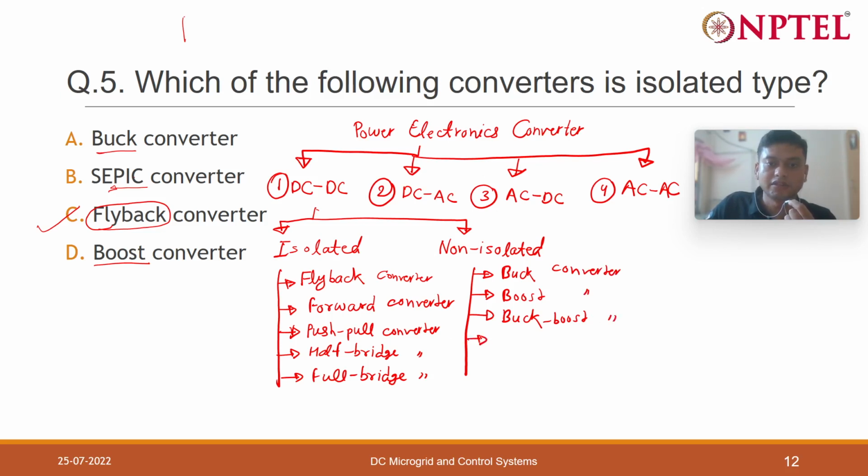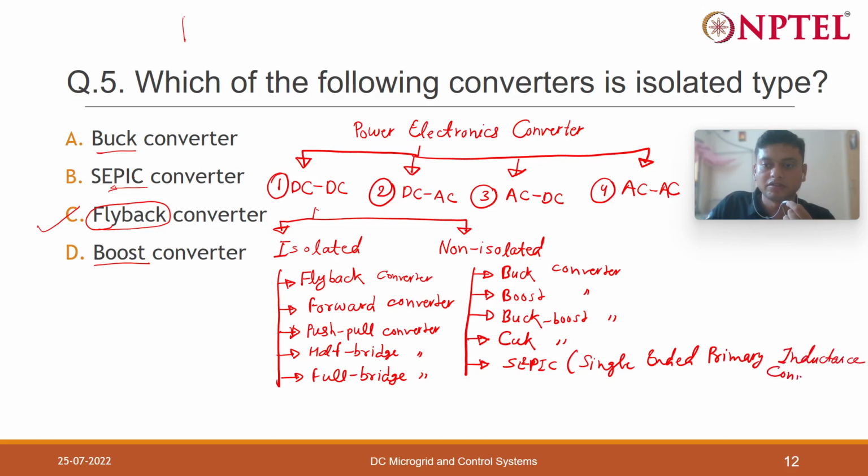and some of the other converters, the most common converters that we are just seeing, the Cuk converter, and SEPIC, and the full form of this SEPIC converter is single ended primary inductance converter.